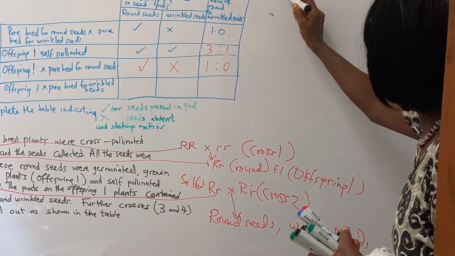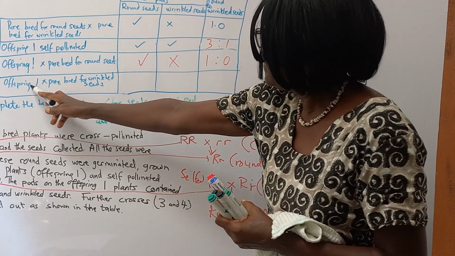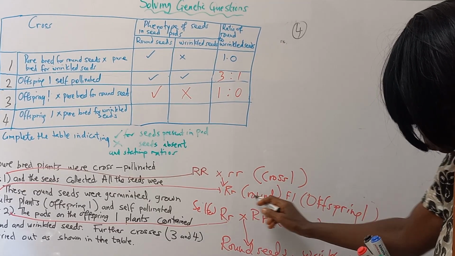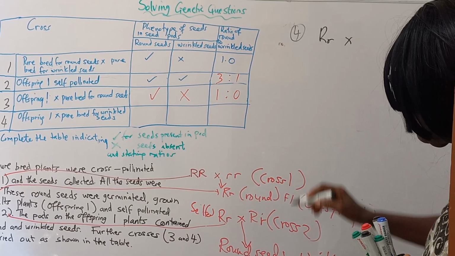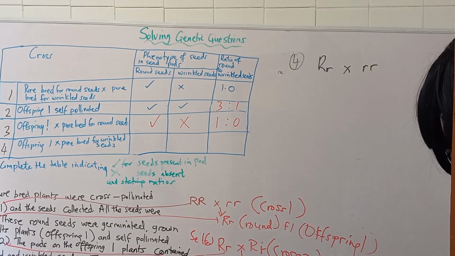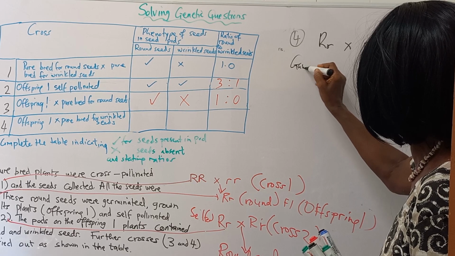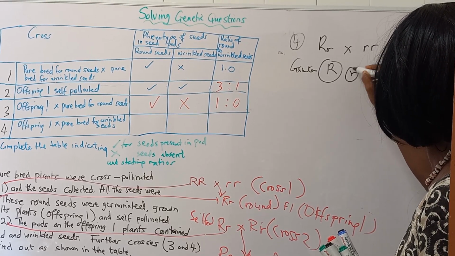1:0. Now we have our question 4, offspring 1 with purebred wrinkled seeds. Here is offspring 1, and with purebred wrinkled, small r, small r. So gametes, we have this gamete and that gamete.